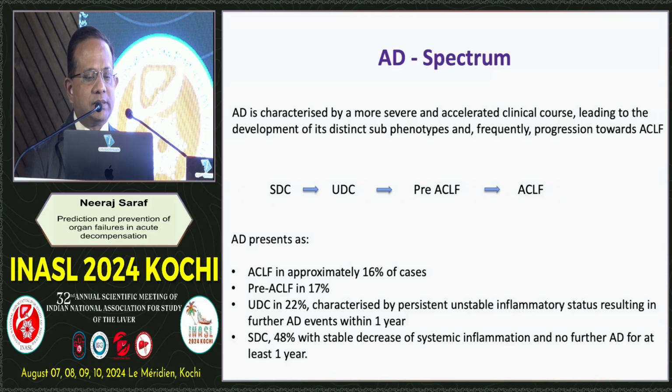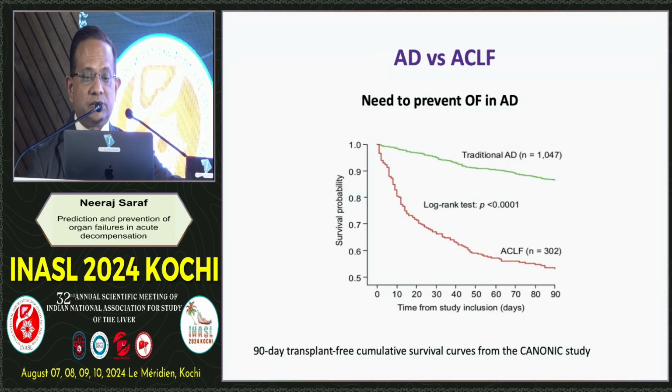So it presents as ACLF in about 16% cases, pre-ACLF in about 17%, UDC in about 22%, characterized by persistent unstable inflammatory status resulting in further acute decompensation events within 1 year, and about 50% have stable decompensated cirrhosis.